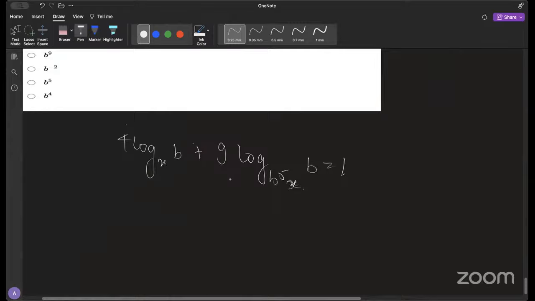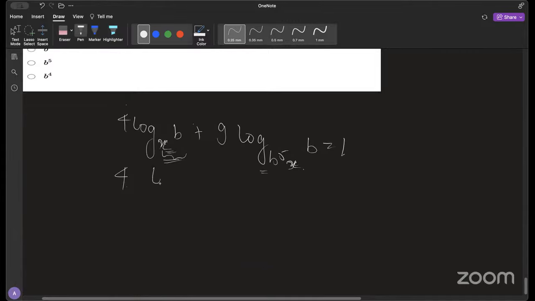So we can change the base of the second term. Let's change the bases of both of these, because this is also not very recognizable. We don't know anything about a log base x type of function, right? Let's change this.